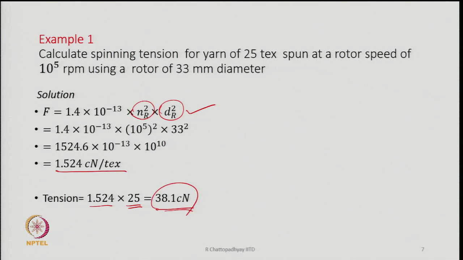So, we hope that at such a speed and with this diameter we will be able to spin the yarn, because the tension that will develop is, we expect, still less than the permissible tension, to avoid too many end breaks. So, the calculation part is simple.